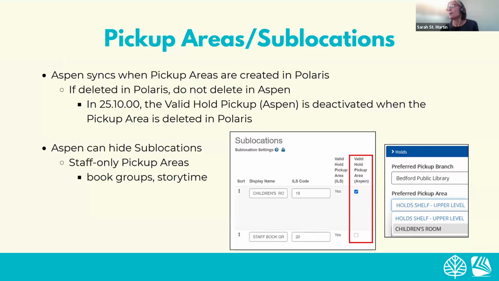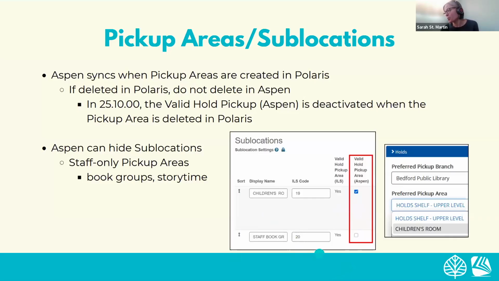So you can hide sublocations in Aspen, and this allows for staff-only pickup areas for book groups, story times. So you can see in this example, you have the children's room. It's a valid hold pickup area in the ILS, and you can't change that because that's set at the ILS. And it's a valid hold pickup area in Aspen.